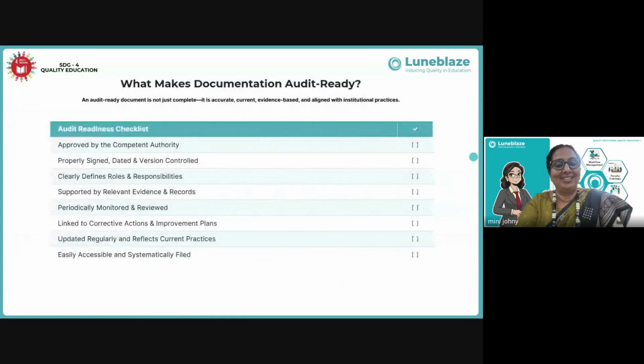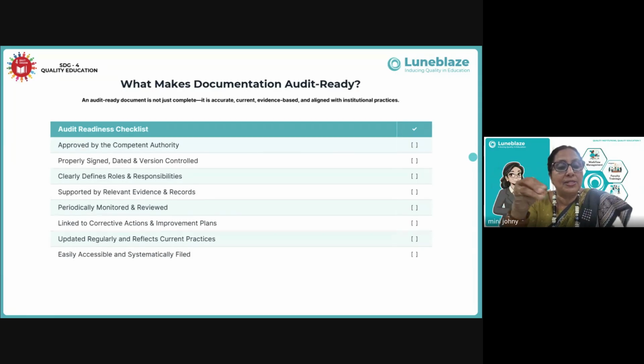Thank you, Pallavi. Yeah, this is documentation audit readiness. What makes documentation audit ready? An audit ready document is not just complete, it is accurate, current, evidence-based, aligned with institutional practices.